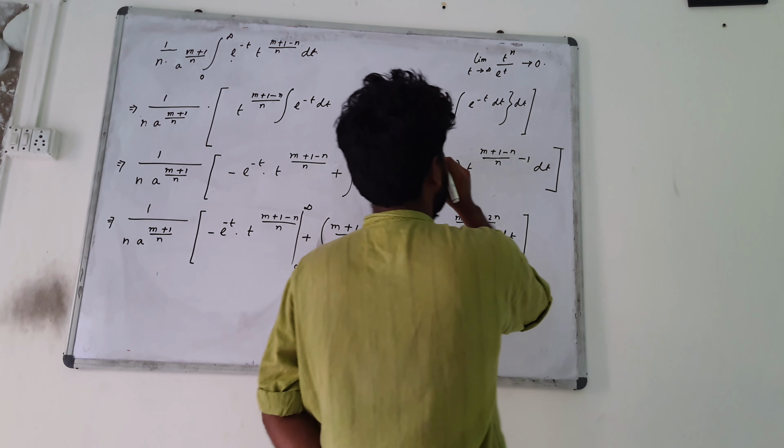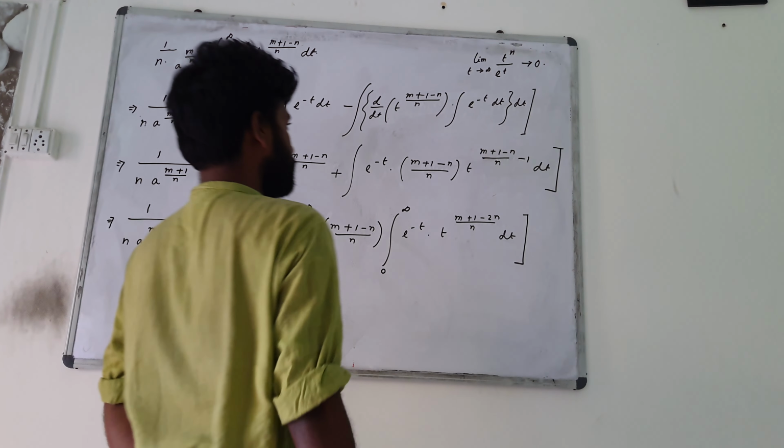Then for large values of t, it will become 0.